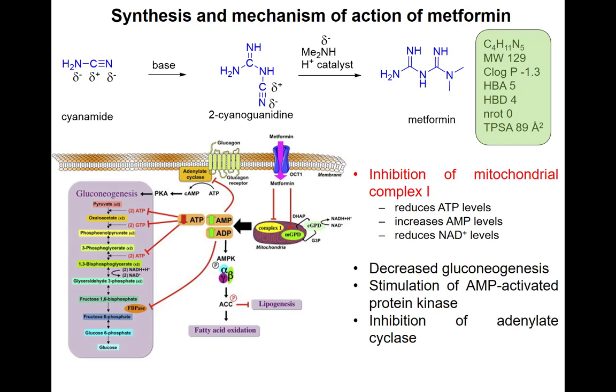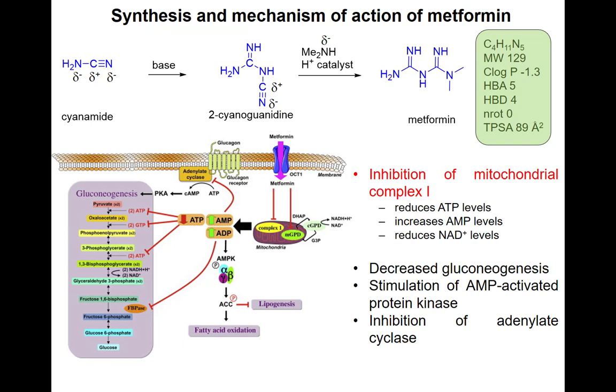And metformin is cheap because it can be made very easily. So at the top of the slide, this is really an organic synthesis point, so it's not really necessary to know for this lecture, but just as an aside, you can make metformin by just reacting cyanamide. Cyanamide has an amine with a lone pair on it, which is nucleophilic, and this can then react with a second molecule of cyanamide to give you this dimer.